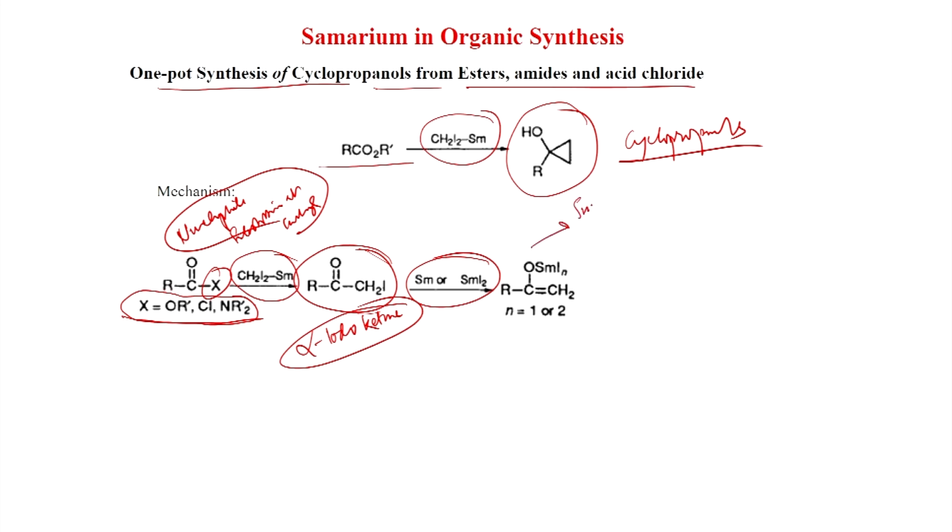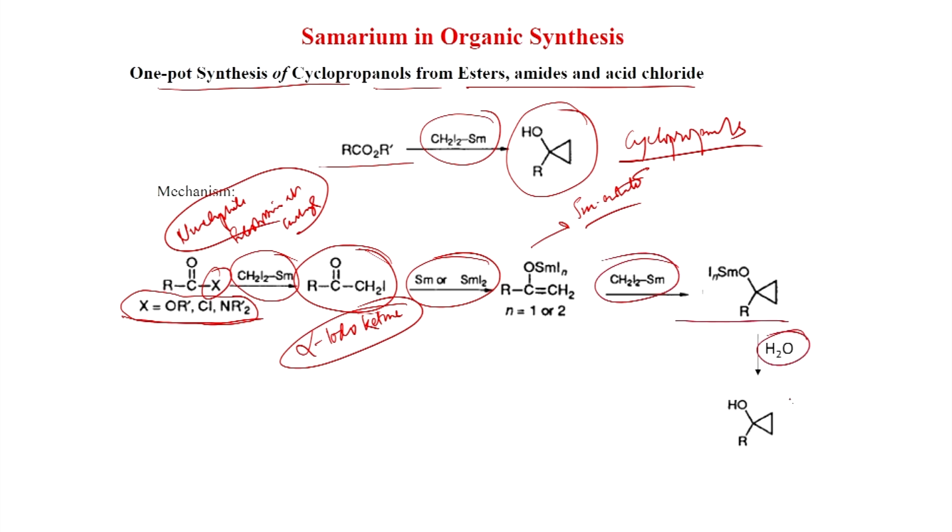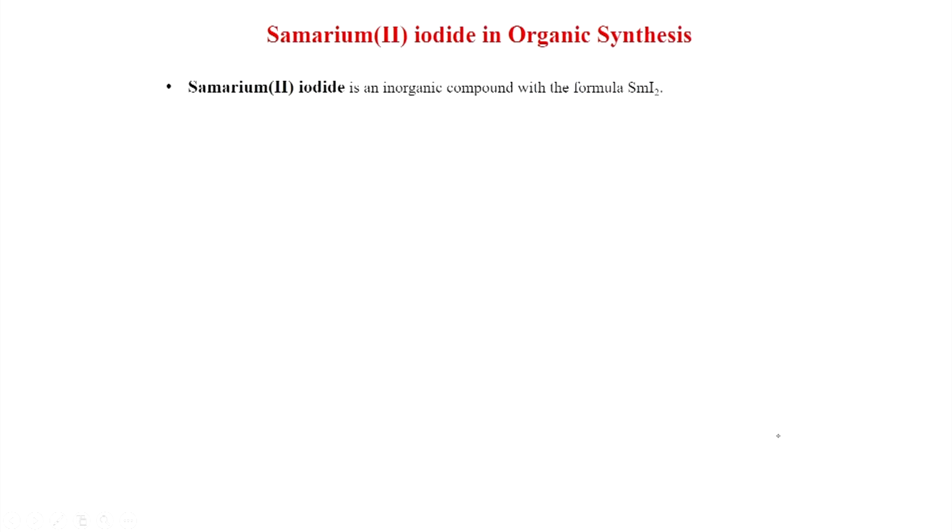So, this is the samarium enolate, and after that the cyclopropanation will happen with CH2I2 samarium, and after hydrolysis you get the cyclopropanol. So, this is very important, that when you have an ester, acid chloride or tertiary amide, then this substitution reaction at the carbonyl carbon happens and you get this alpha iodo-ketone, and after that the enolate is forming, and then the remaining steps are similar. Now, we will discuss samarium iodide.